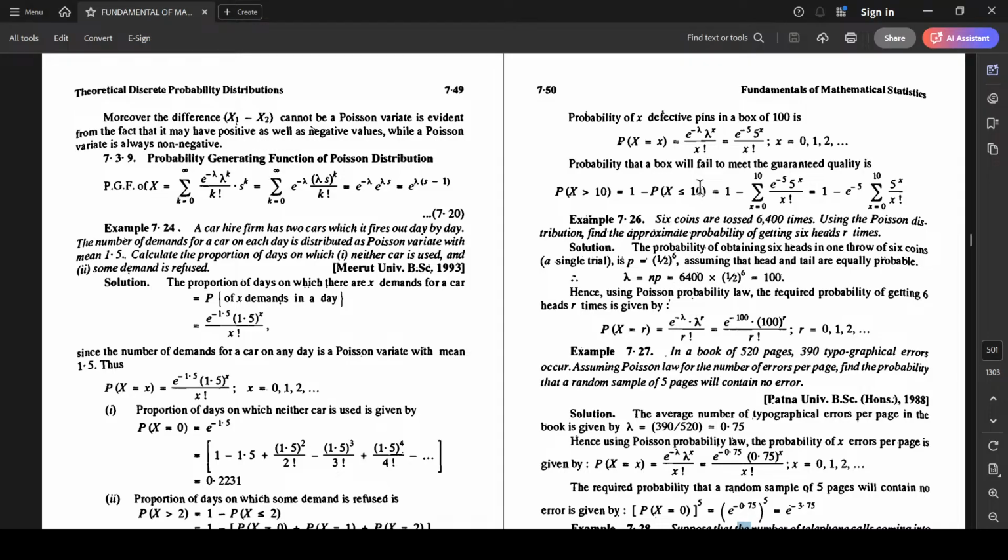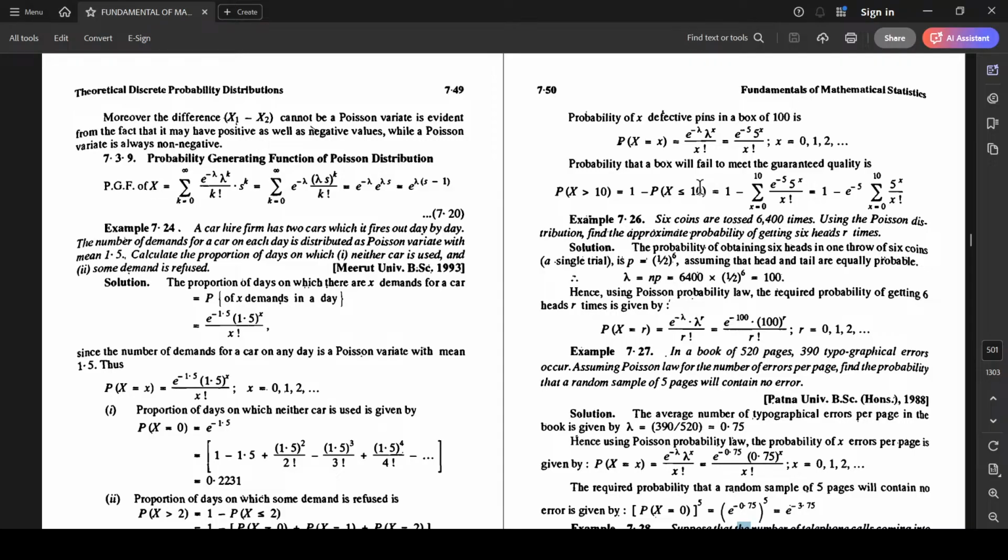So 1 plus 5 plus 25/2, 125/3, and so on, and so on.